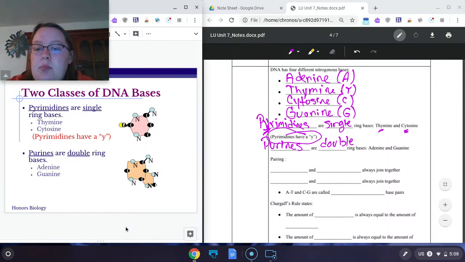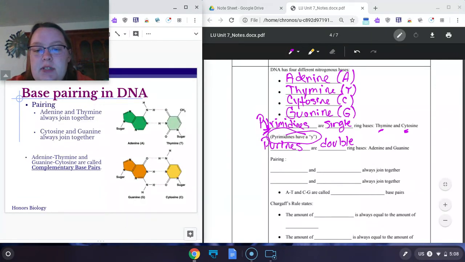Now, in DNA, bases always pair together predictably. Adenine always pairs with thymine. So A and T always join together, and C and G always go together.